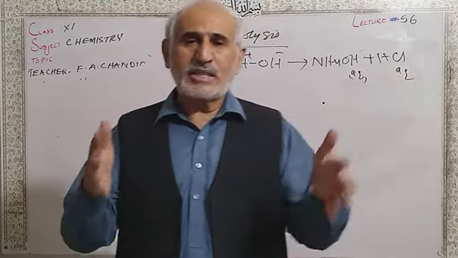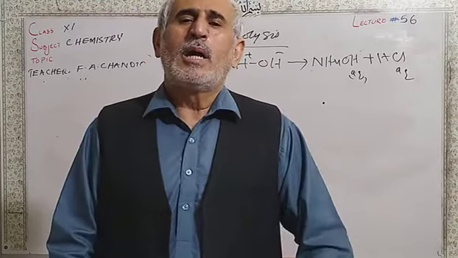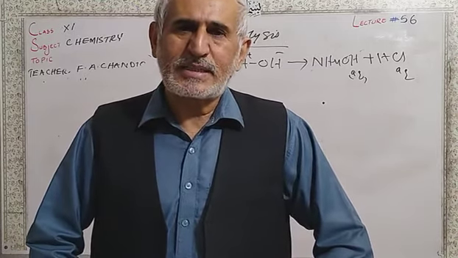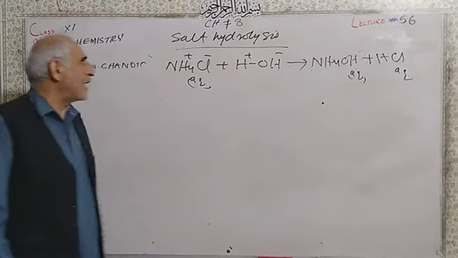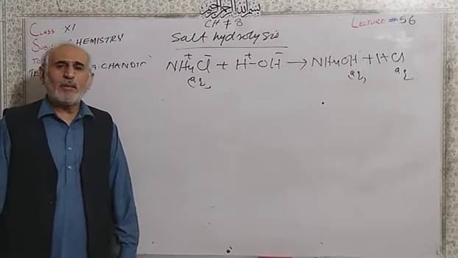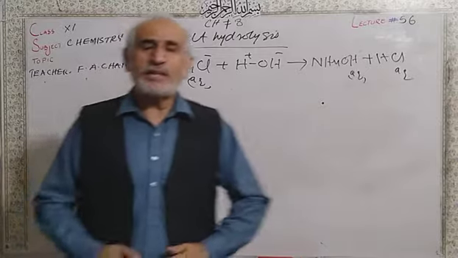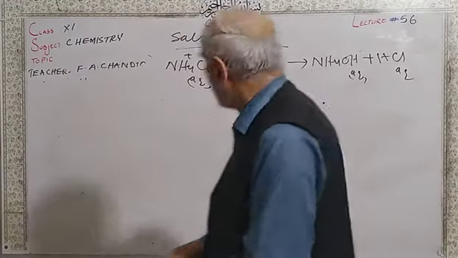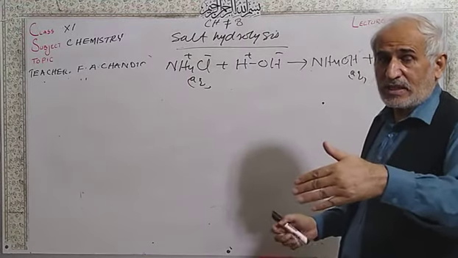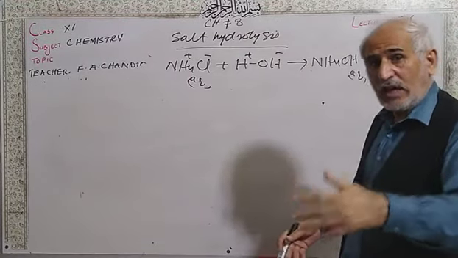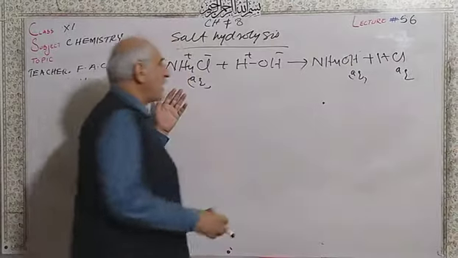Means the salts also have the property of being acidic, basic or neutral. So by using this technique, salt hydrolysis, we will be able to identify the nature of the salt. I am just giving an introduction. In the detail, there are scientific reasons. Scientifically we have to calculate, but this is general.